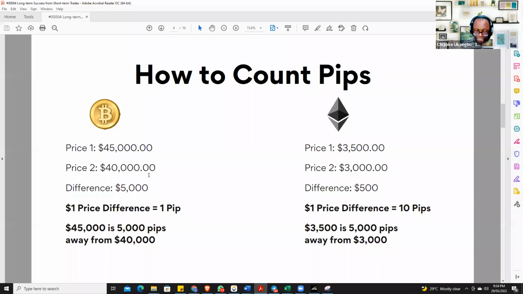Remember, a change of $1 in Bitcoin is equivalent to 1 pip. This is going to be very important in another 10 minutes, so please be sure that you get this.